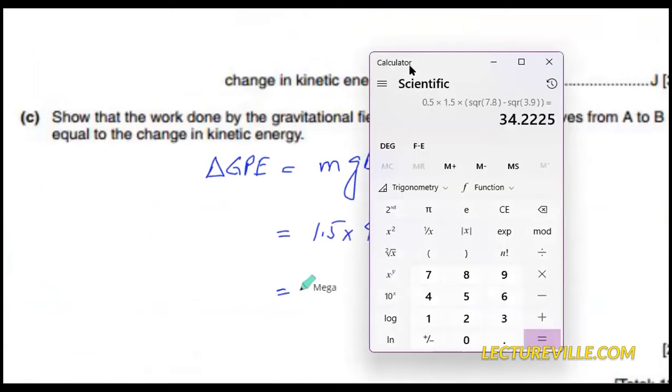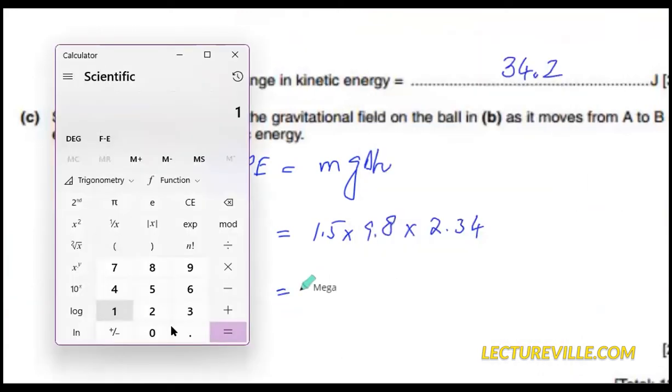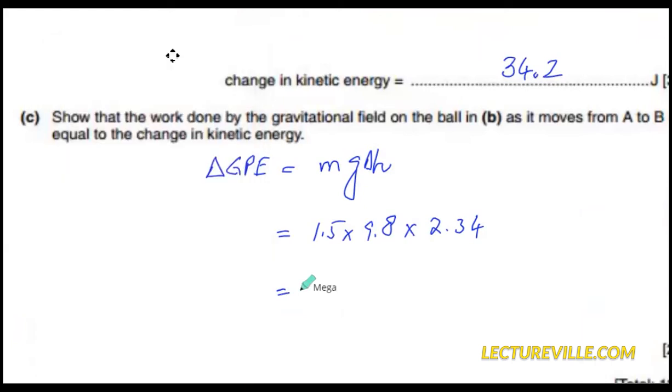So it will be 1.5 times 9.8 times 2.34, which is 34.4.